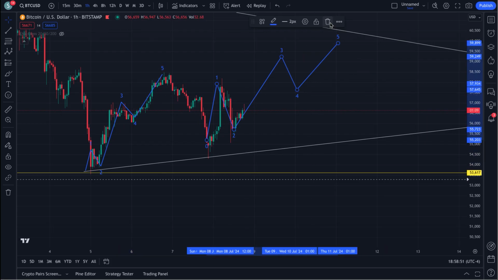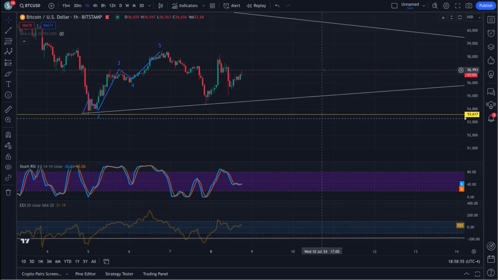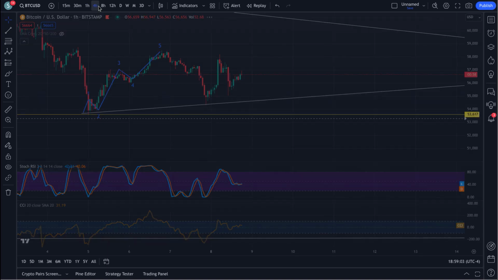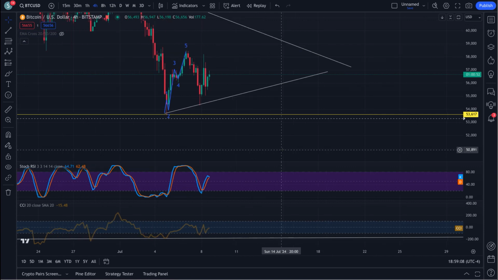Well, let's look at the RSIs and see if they can give us any indications where price might be heading short term. 42 and a 40 on the hourly, trying to spin back up. The 4 hour, looking weak, a 64 and a 62, looking like it wants to roll over.